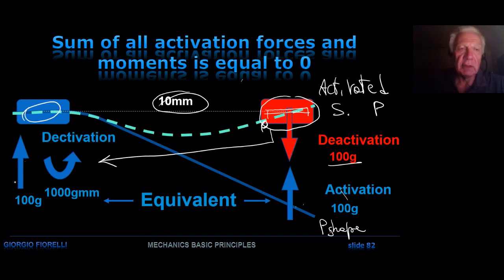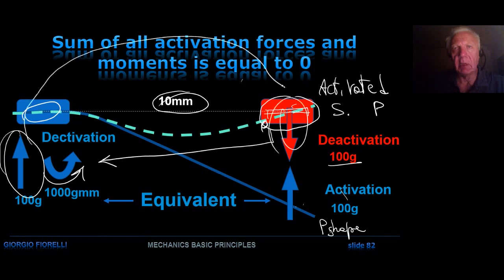I know that on the other side there will be the same quantity of force in the opposite direction plus a moment, which is the force times the distance, 1000 gram-millimeters. And please remark that the direction of the moment here is counterclockwise, while the two forces that are applied here and here create a couple which is clockwise.